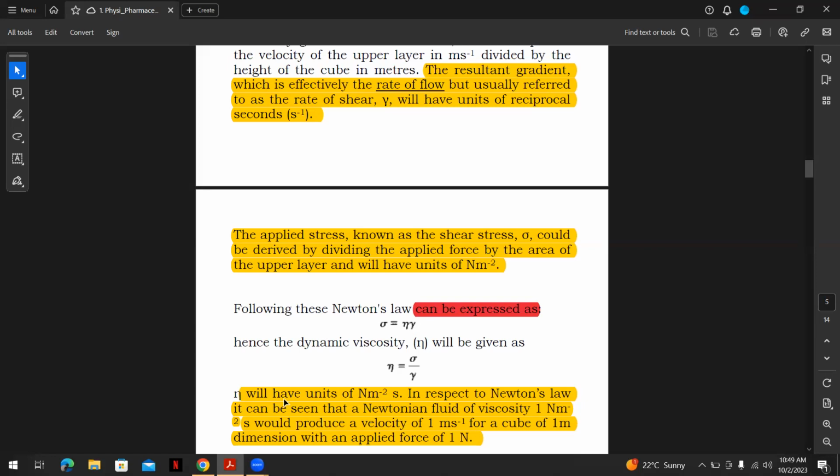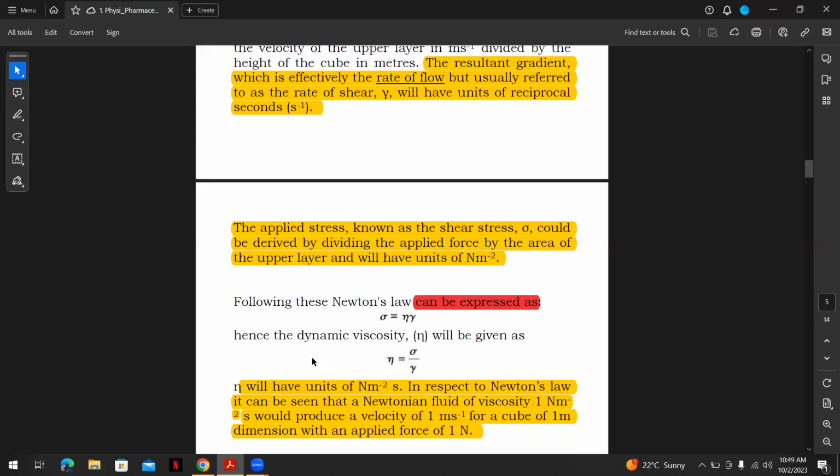And if we want to get the viscosity, we just put the viscosity on the left side, simple mathematics. So the viscosity will have units of newtons per meter squared per second.